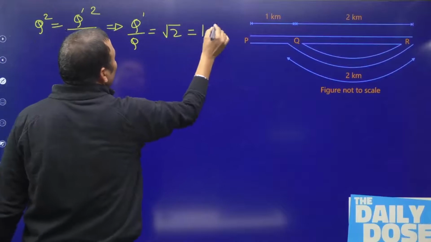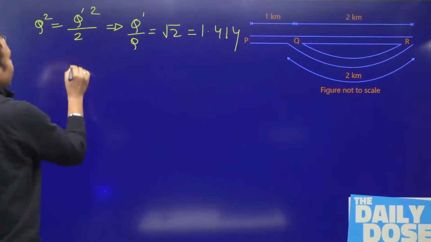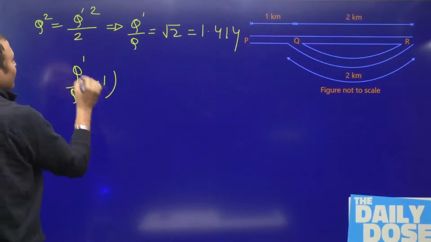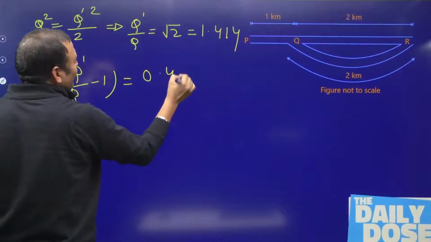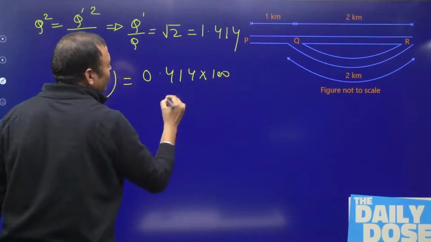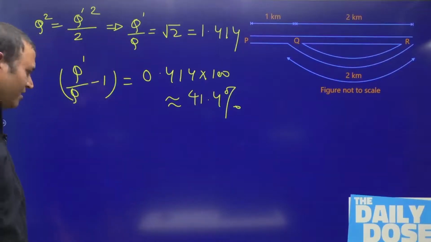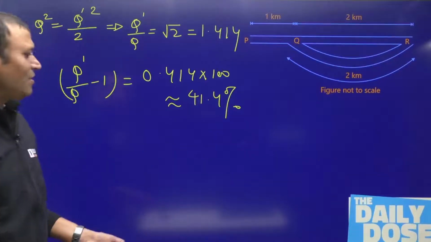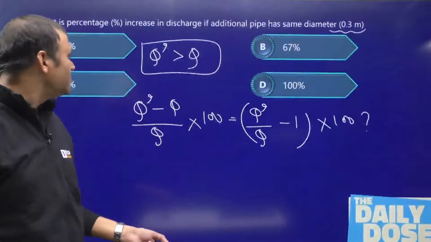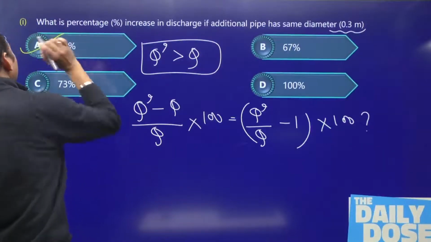Isn't it? That is 1.414. And what is Q dash by Q minus 1? That is equal to 0.414 into 100, which will be around 41.4%. That will be the answer for the first part. 41% is the correct answer.